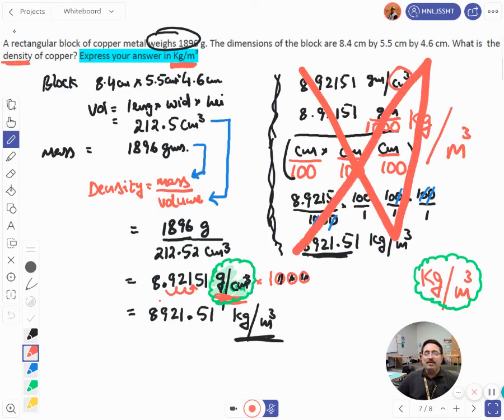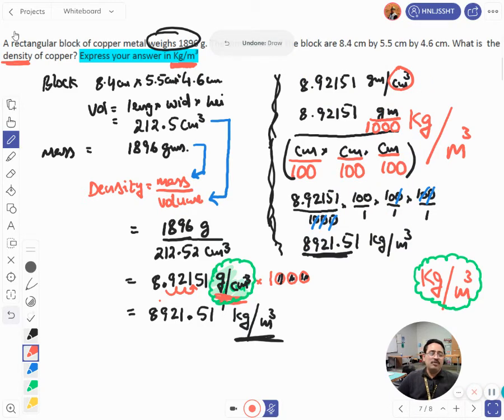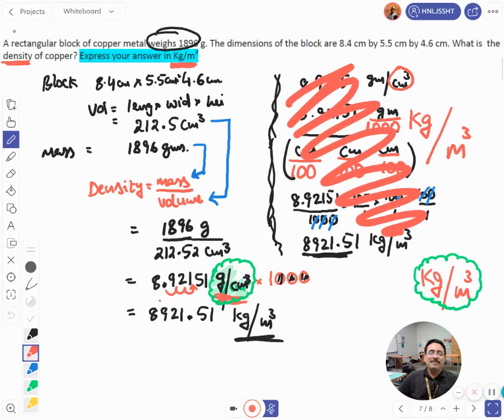It was only an explanation of how to convert. Instead, remember that to convert grams per cubic centimeter to kilograms per cubic meter, you have to multiply by 1000. Okay. Any questions on this?